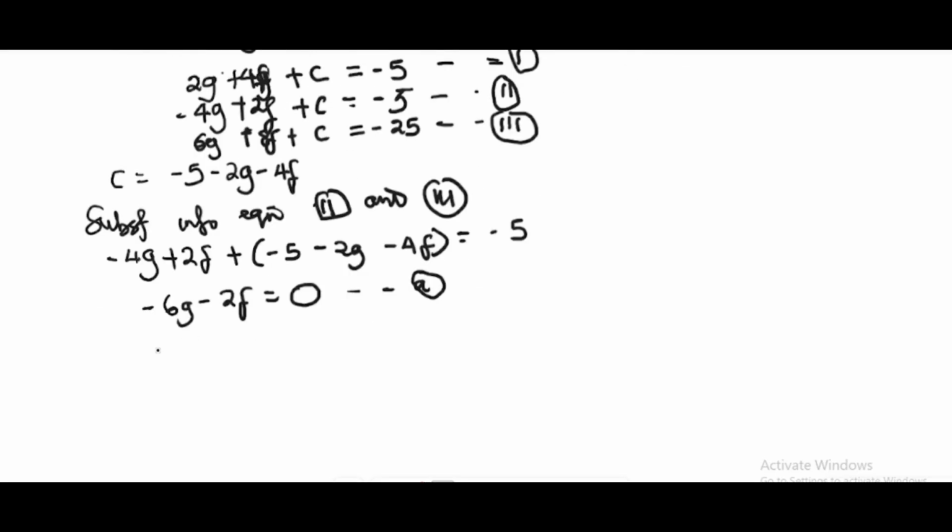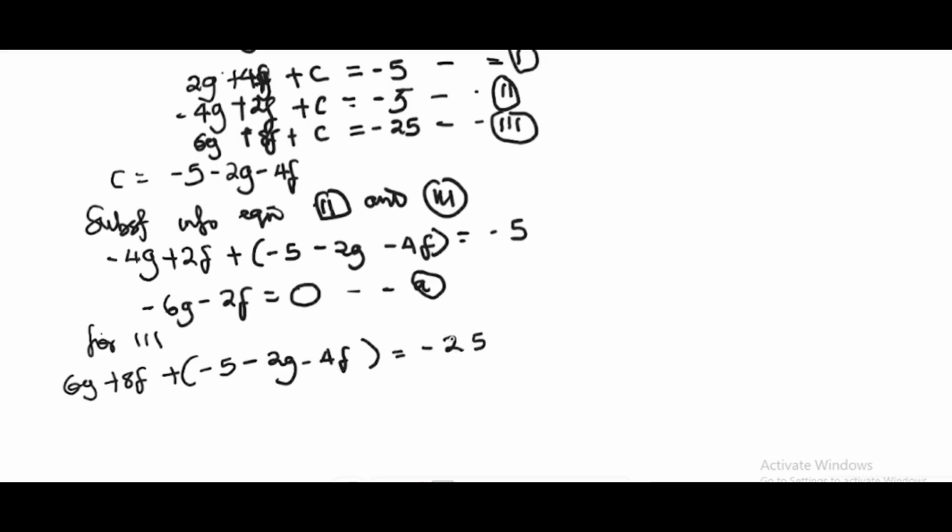Then doing the same thing for equation 3. In equation 3, we'll have 6g plus 8f plus, so what's my C? Minus 5 minus 2g minus 4f is equal to minus 25.